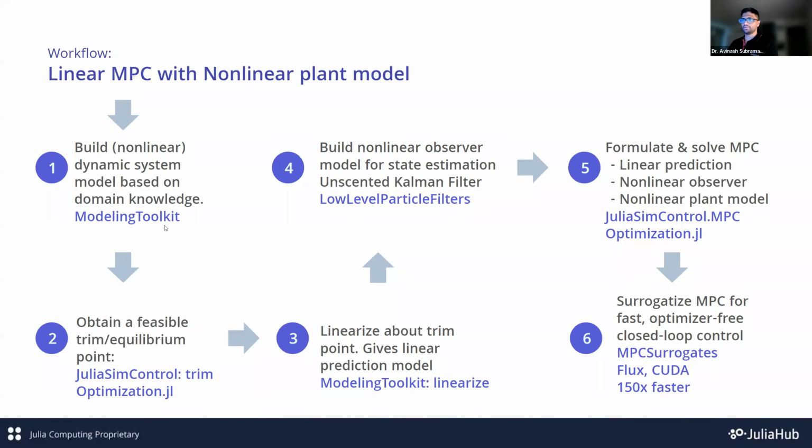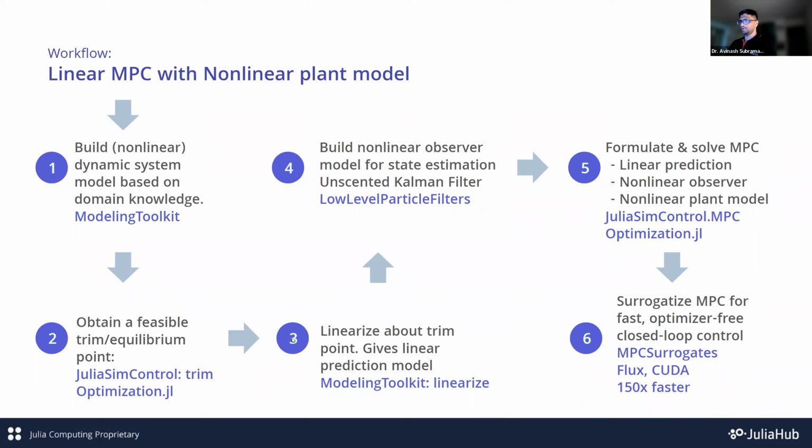As Fredrik mentioned, we'll be doing this with ModelingToolkit. Following this, we would obtain a feasible equilibrium point, also a trim point, and this is done with the JuliaSim control trim tool, which commonly also formulates an optimization problem. So it uses the Optimization.jl toolkit as well.